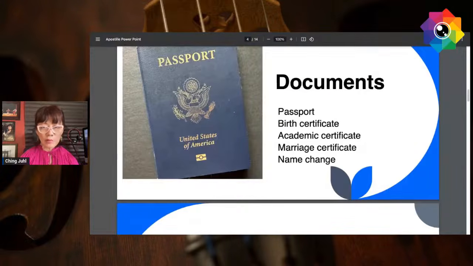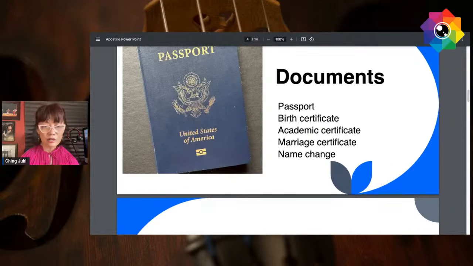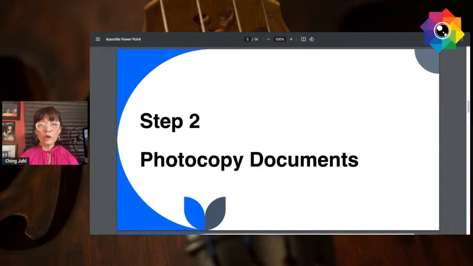Now, documents could be a passport, birth certificate, academic certificate, marriage certificate, divorce certificate, name change, stuff like that. Okay. Now, step two, you are not going to give your original paper to anybody. So you're going to make a Xerox, a photocopy.